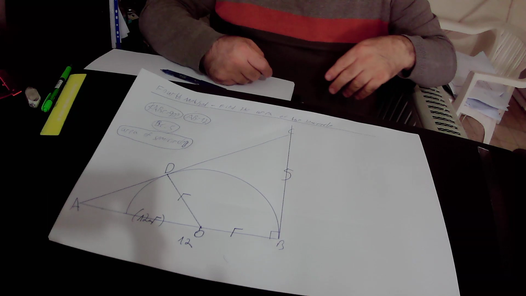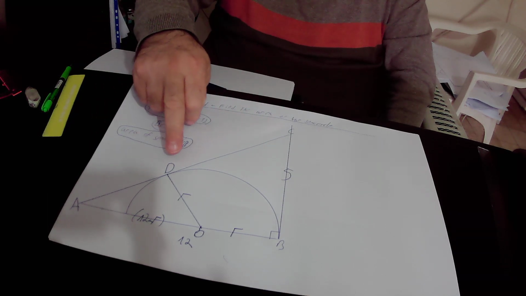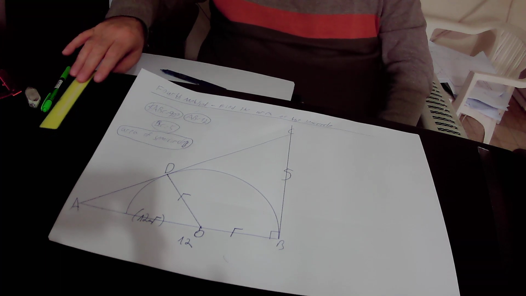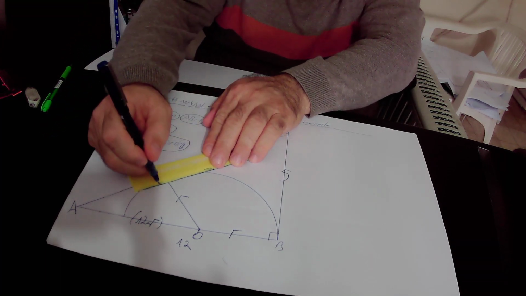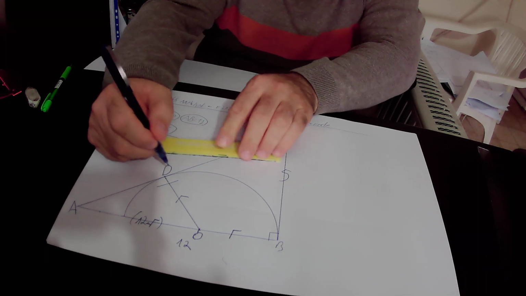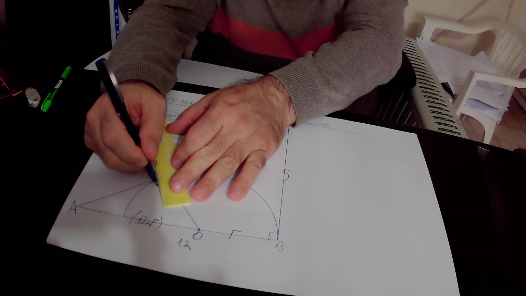Therefore, according to rule number 1, the tangent AC will be perpendicular to this radius. That is to say, this angle will be equal to 90 degrees and this angle will also be equal to 90 degrees.